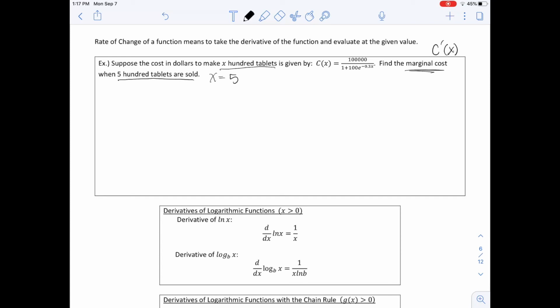And so in order to find our marginal cost, we are going to have to take a derivative. So C prime of x is equal to, and we will have to use our quotient rule since we do have a fraction here. And so in order to do this, we have our denominator, which is 1 plus 100 e to the negative 0.3x, times the derivative of the numerator.